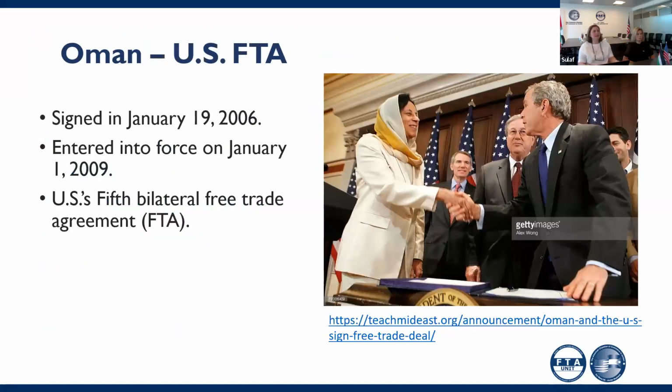Specifically looking at the US FTA, it was signed in 2006 and came into force in 2009. It was the US's fifth free trade agreement, and it was part of a global initiative from President George W. Bush to promote economic collaboration between the US and the Middle East countries to promote peace and prosperity.